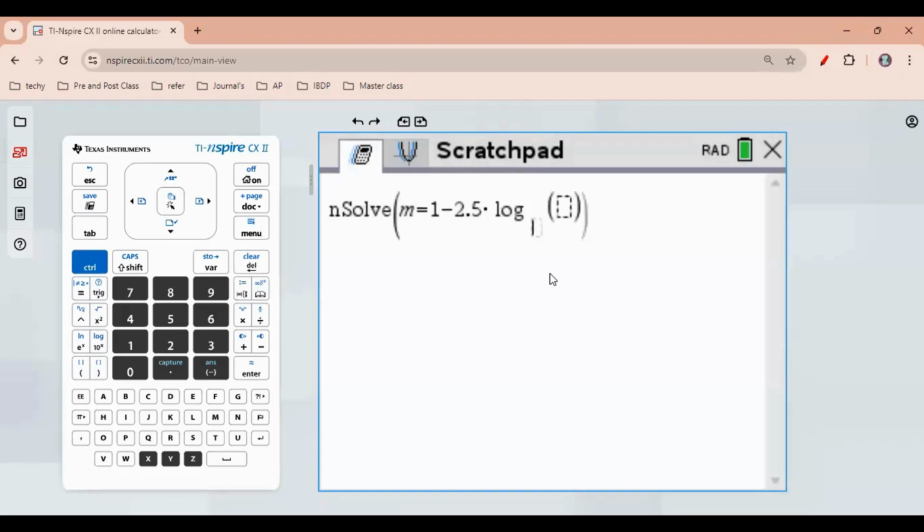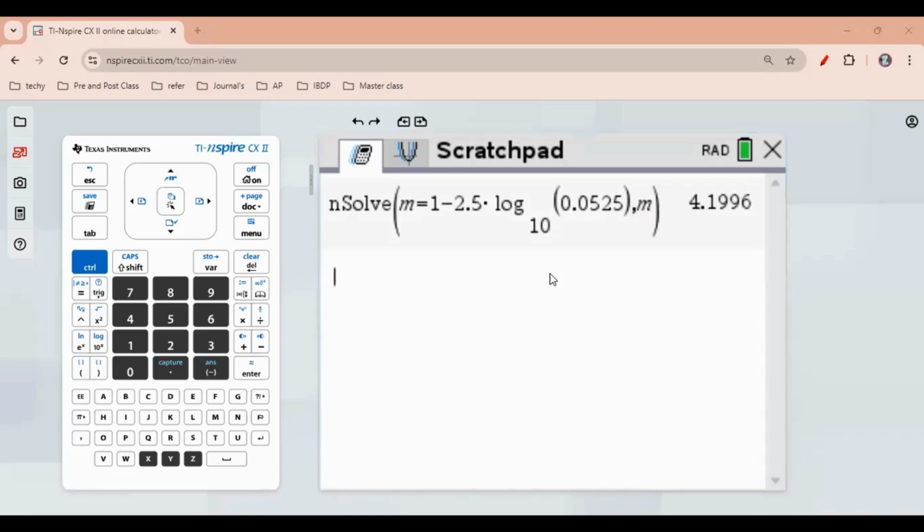Let's choose this. Log with base 10. And brightness of the Acubens is over here, 0.0525. And we are solving for, equation is done, we are solving for m. Or directly also you can solve. So we got 4.1996.